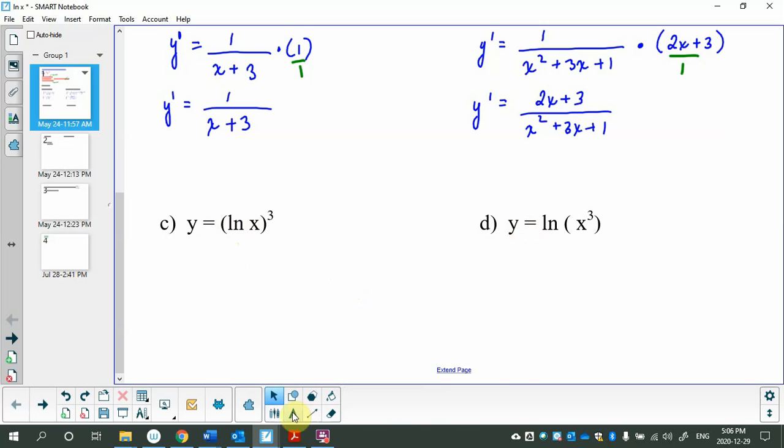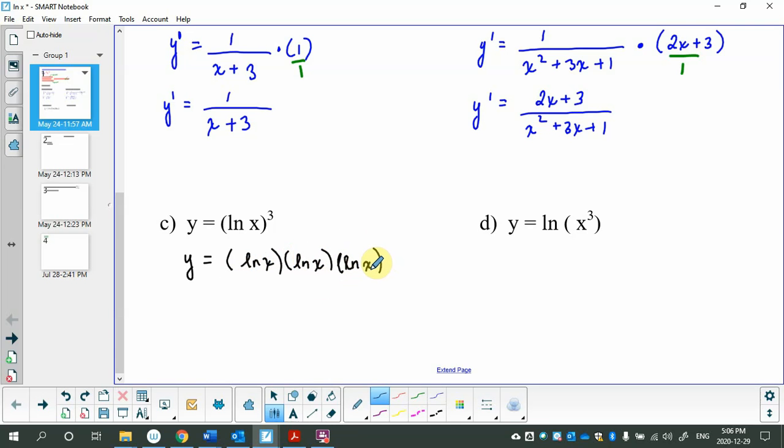This question means, just in case you care, it means this. Now, I'm not going to use this. The reason is because this would require the extended product rule, and I'm not prepared to do it.